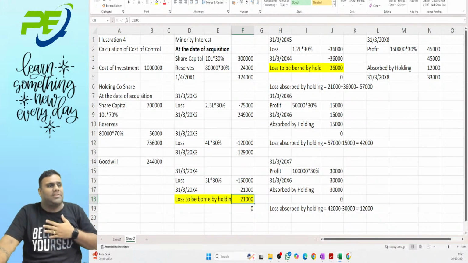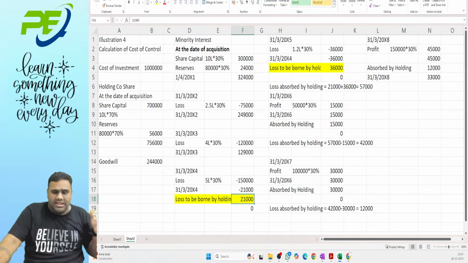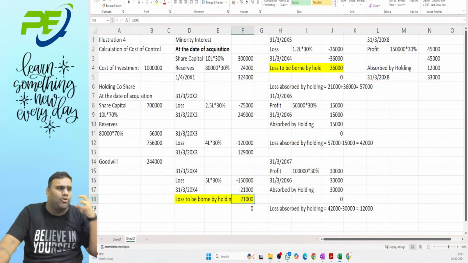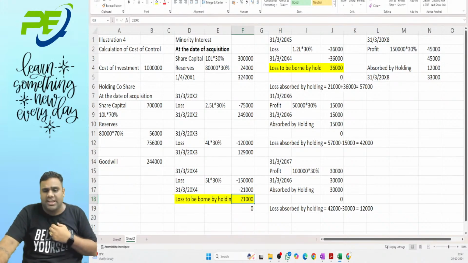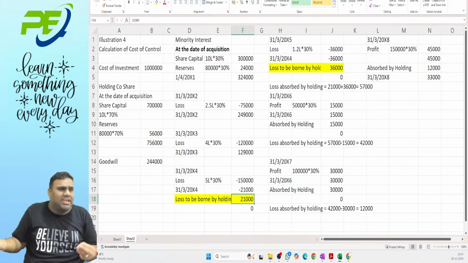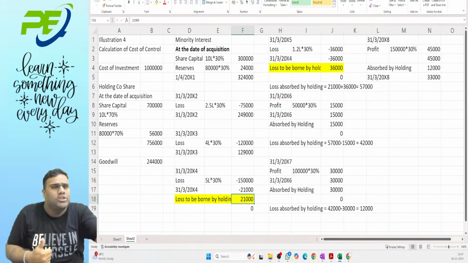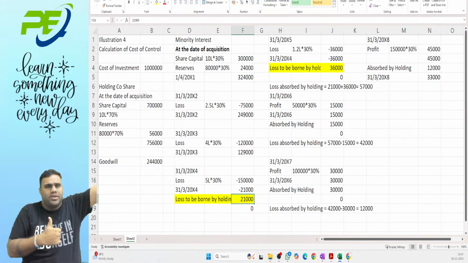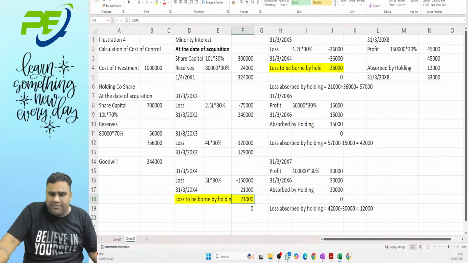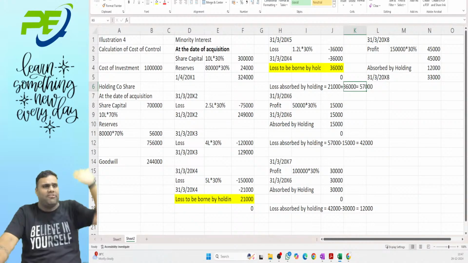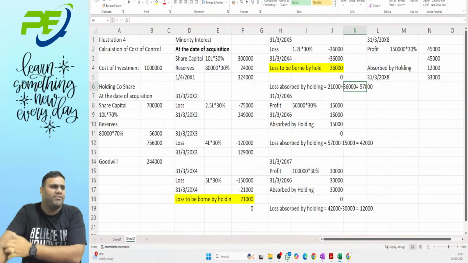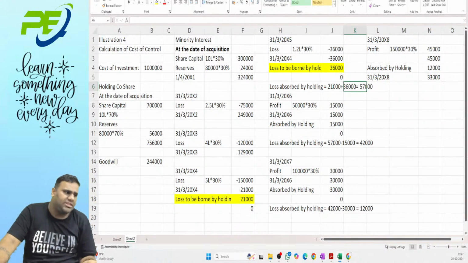Next year again loss, borne by the holding company. Then once there is a turnaround and they start earning profit, they will give it back to the holding company to the extent absorbed by them. Totally 57,000 was the loss absorbed by the holding company, so to the extent of 57,000 they will take. After that, they can enjoy. Everyone, is it clear? Yes. Please copy quickly.